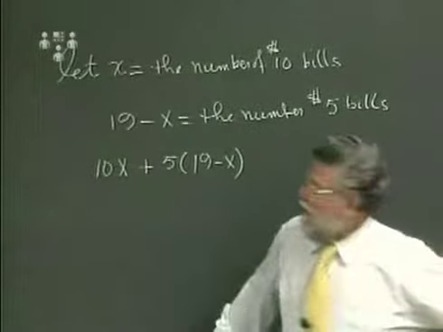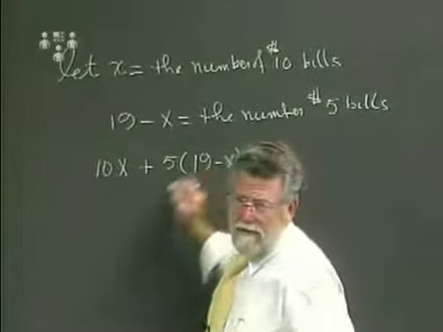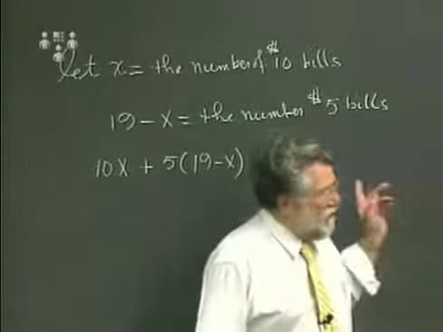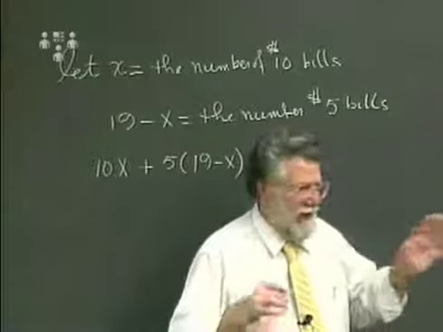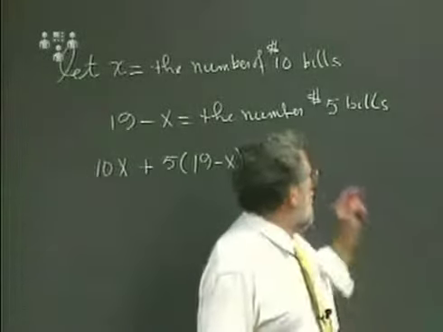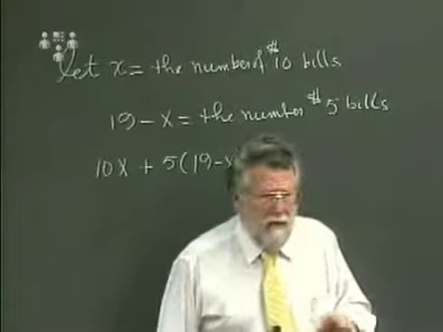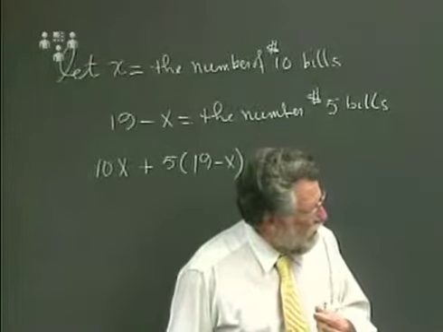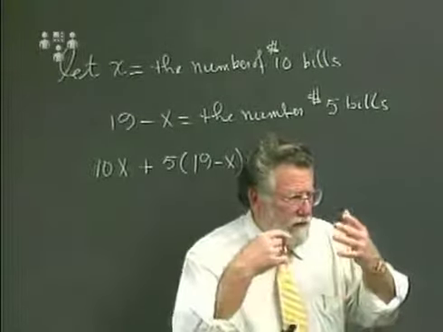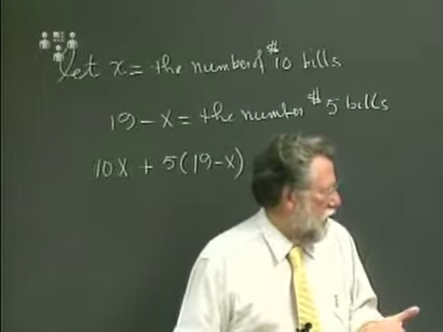If I have this many, I want to go this way and face sort of Tabitha and the camera simultaneously, which means I'm going like this. But if I look at what I had for the 19 minus x, each one of those is a $5 bill. So if I have 12, I multiply 12 times 5.